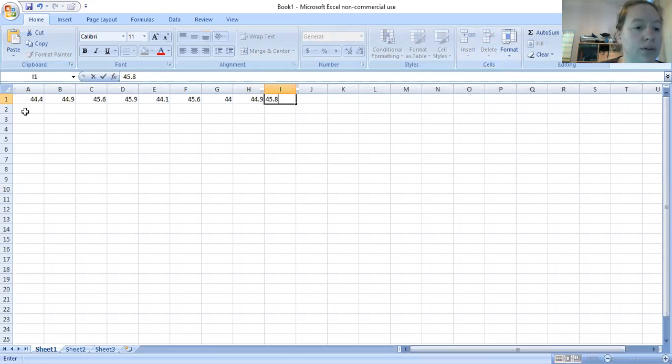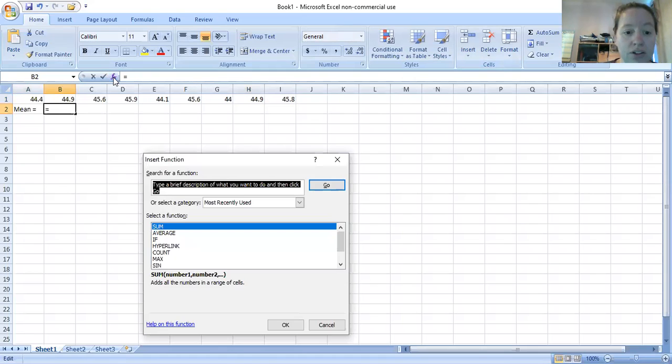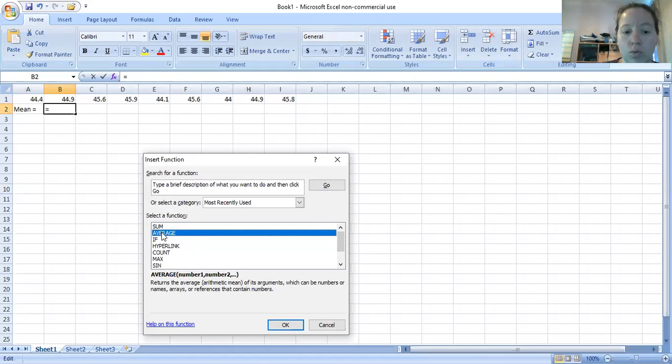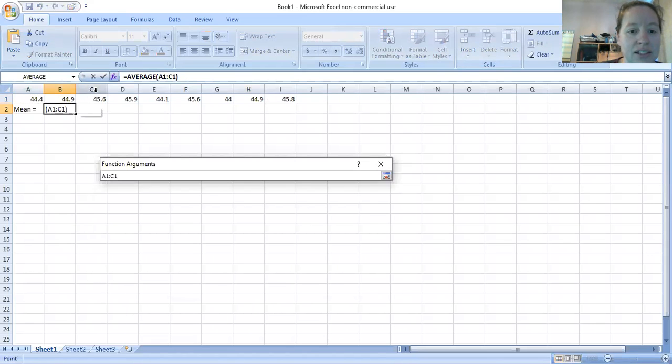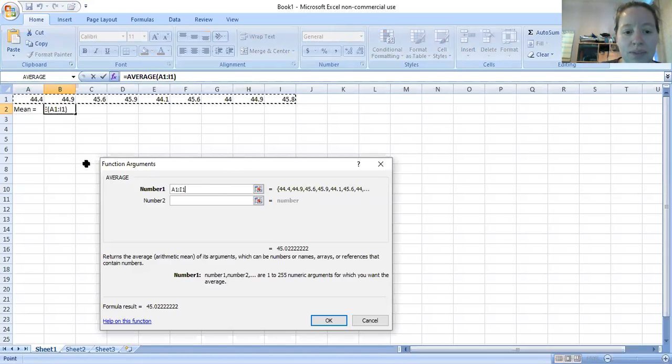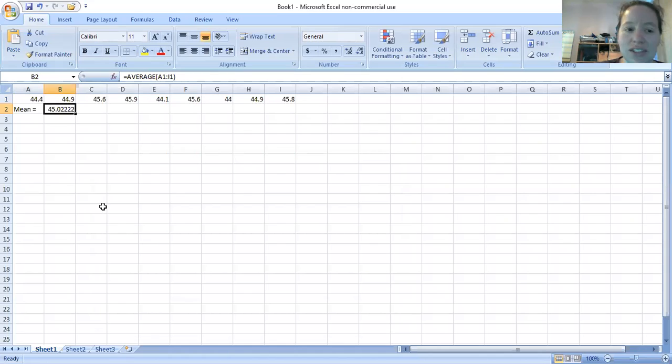I am now going to come down here and type in mean equals, and then right over here, if you go up to the f of x, it has average right there. So you go average, okay, and then this through this. It brings up cells A1 through I1, and you go okay, which gives us 45.02.